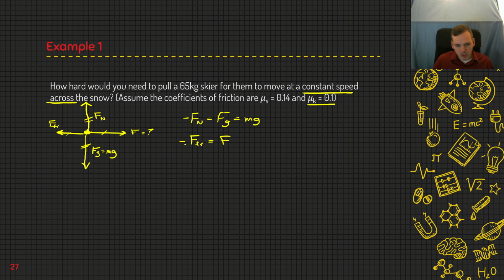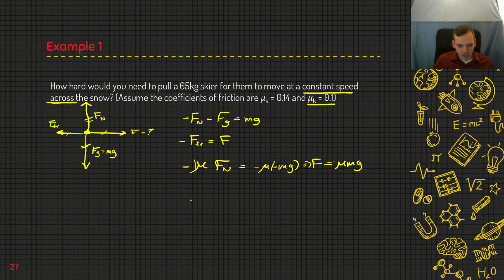So the force that I'm trying to solve for is negative force of friction, which is negative mu times Fn, and then Fn is negative Fg. So I have negative mu times negative mg. So I know that my force has to equal mu mg.